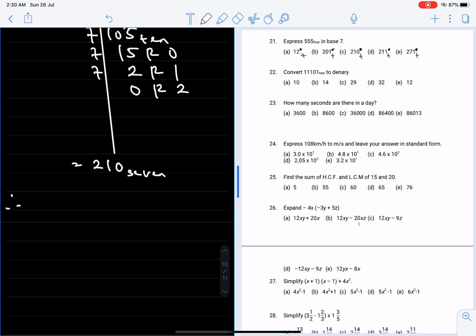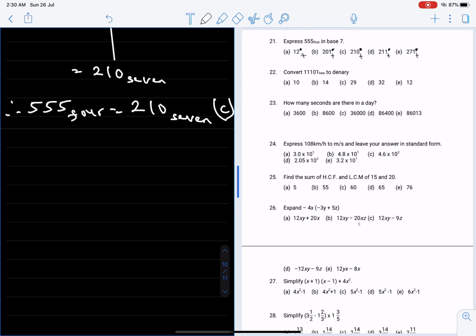Therefore, 555 base 4 is the same as 210 base 7. And the correct option is C.